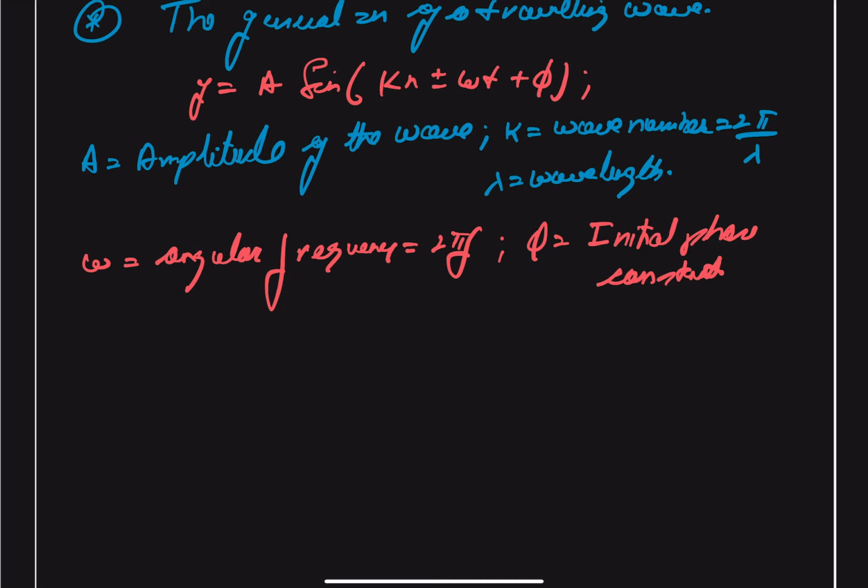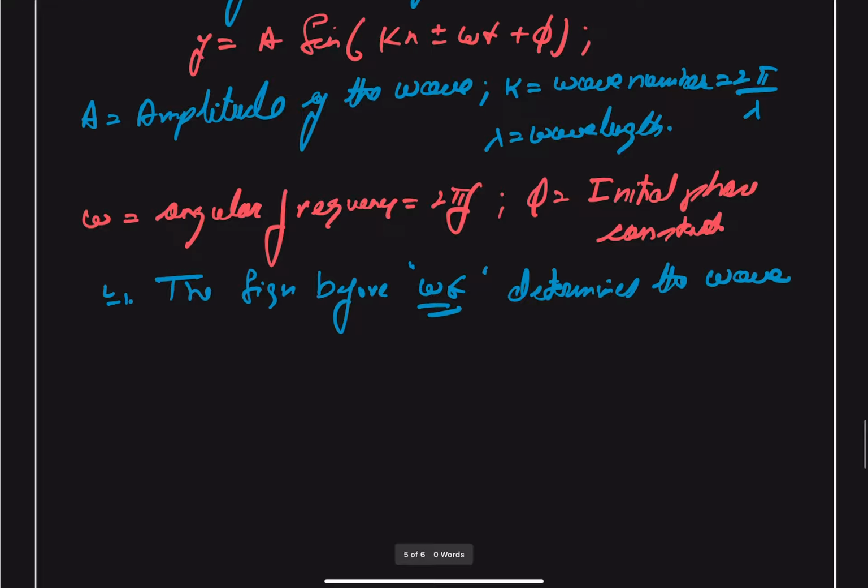So the sign before ωt determines the wave direction.